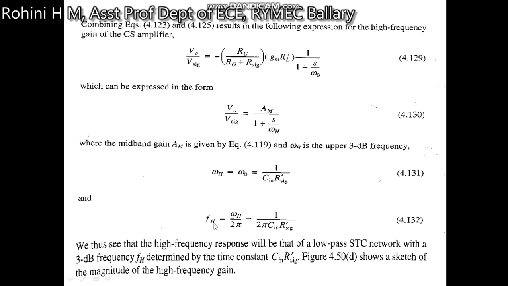This is in terms of radians. If we want to write it in terms of hertz, it is omega h divided by 2 pi. So this is the same expression, in radians before, and now we are obtaining it in hertz.